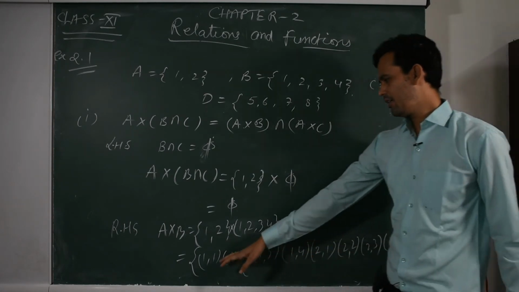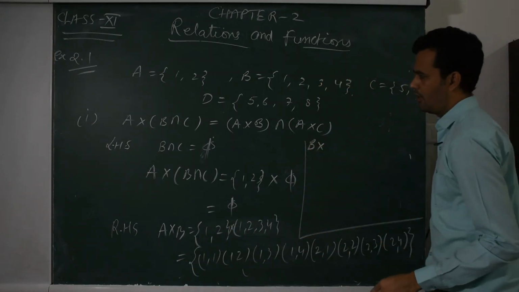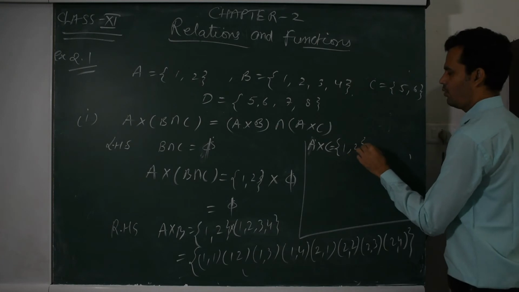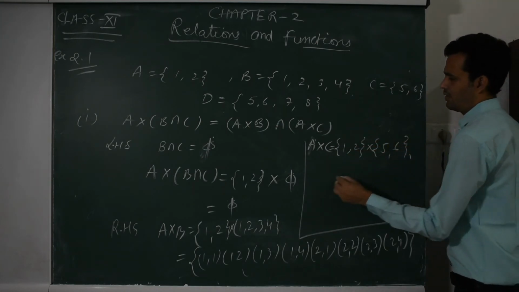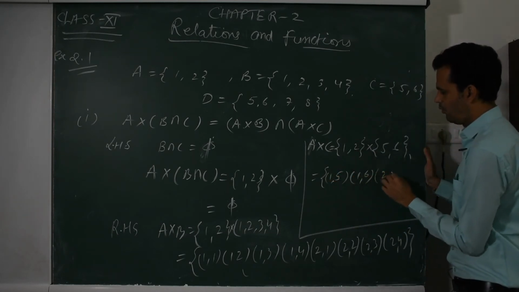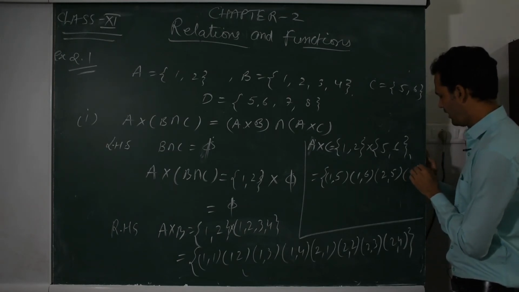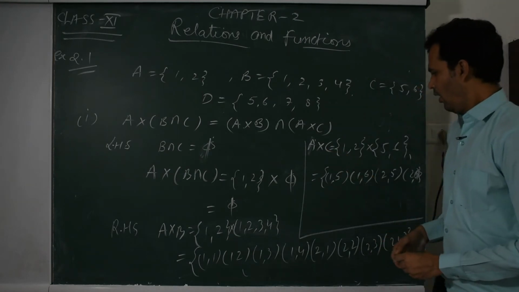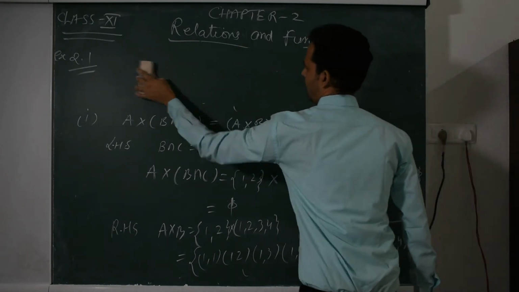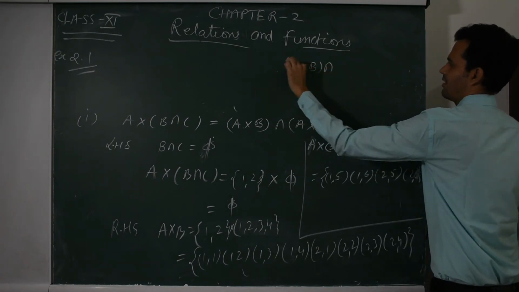So these are 8 ordered pairs for A cross B. Now we have to find the value of A cross C. The value of A is {1, 2} and the value of C is {5, 6}. So the ordered pairs are (1, 5), (1, 6), (2, 5) and (2, 6). These are 4 ordered pairs for A cross C. Now we have to find (A cross B) intersection (A cross C).